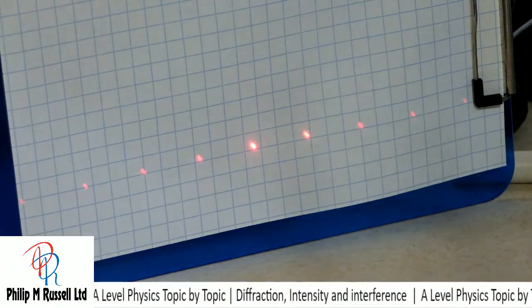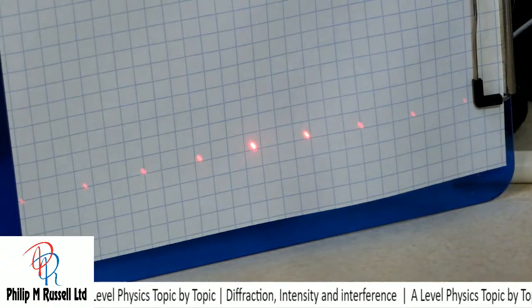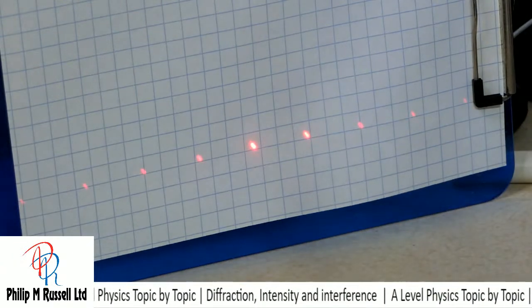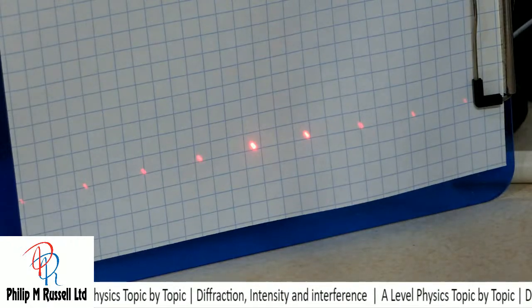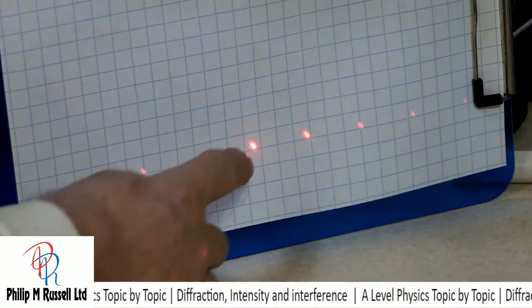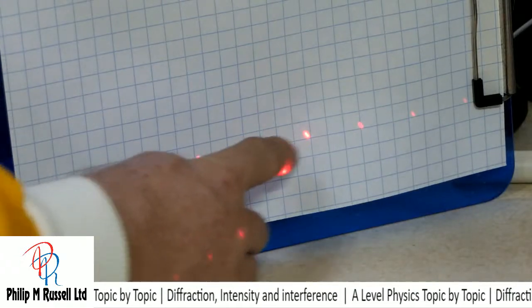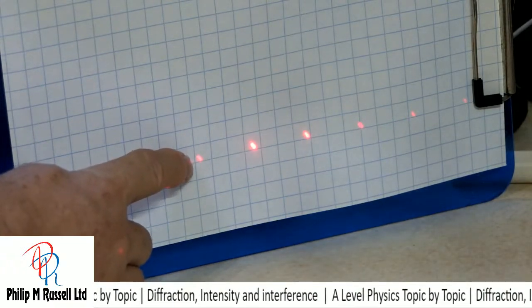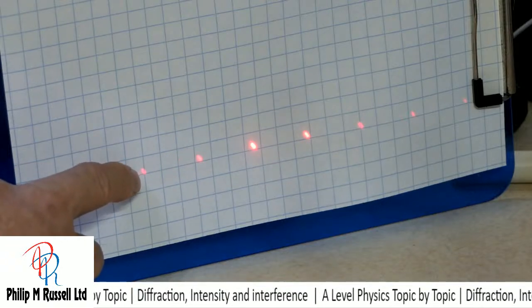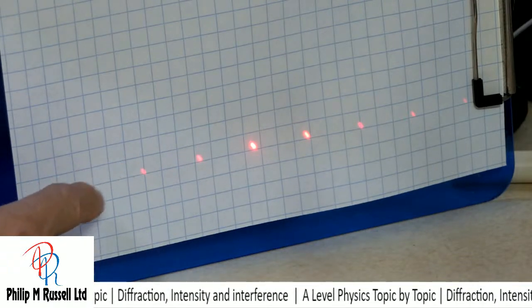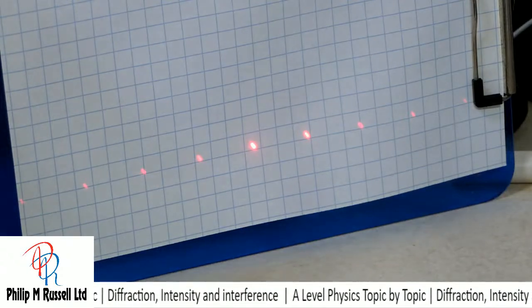Now I've set this up on this squared paper, and the reason I've set this up on squared paper is so that we can see that the distance between this point and this point is the same distance as that one, and the same distance as this one, and the same distance as that one.